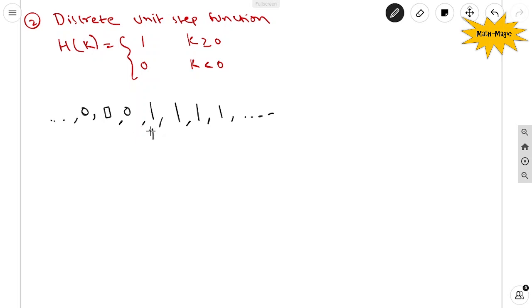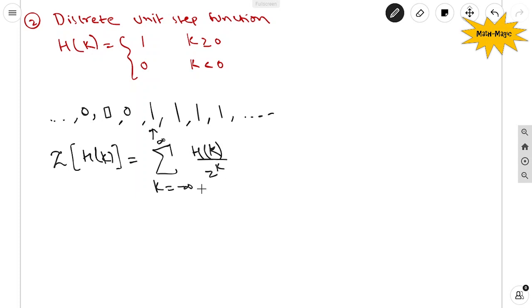So let me mark the 0th position element h of 0. Now what we have to find is the z transform of the sequence h of k. The z transform of the sequence h of k is going to be the summation of k equals minus infinity to plus infinity of h of k upon z raised to k.